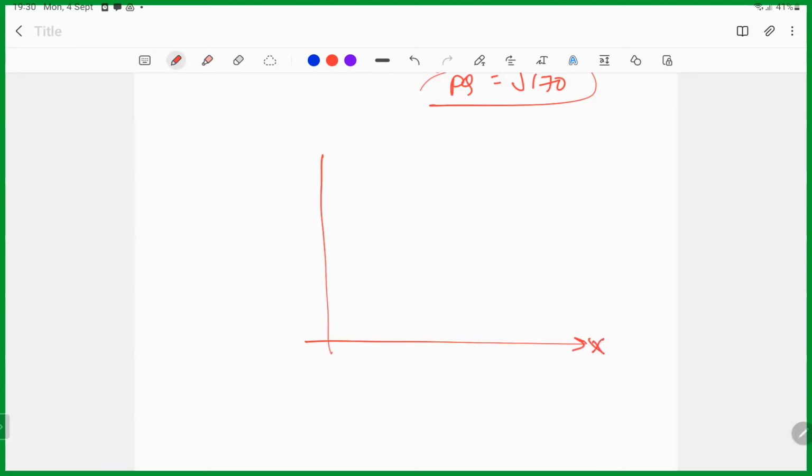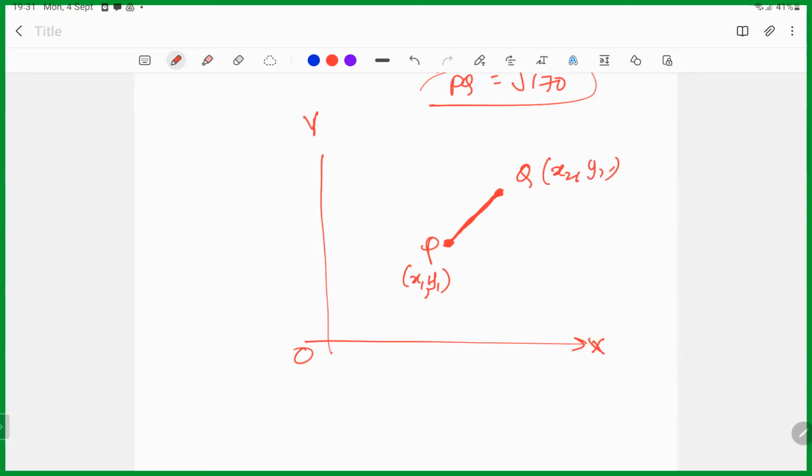X, Y, O, and there is a point P, point Q. We need to measure this distance. Point P is x1, y1. Point Q is x2, y2.